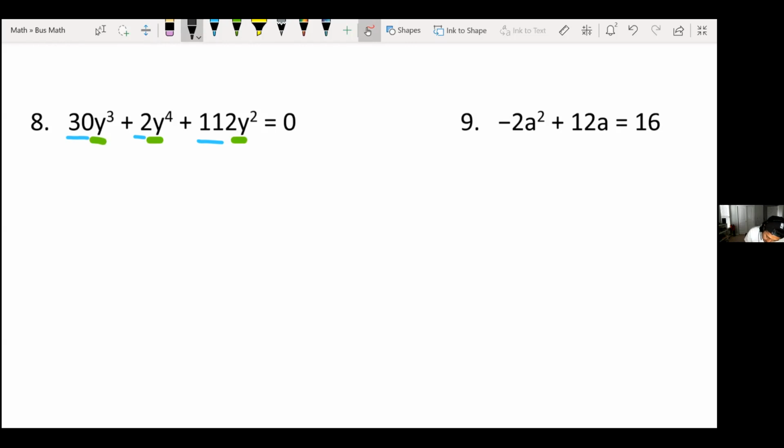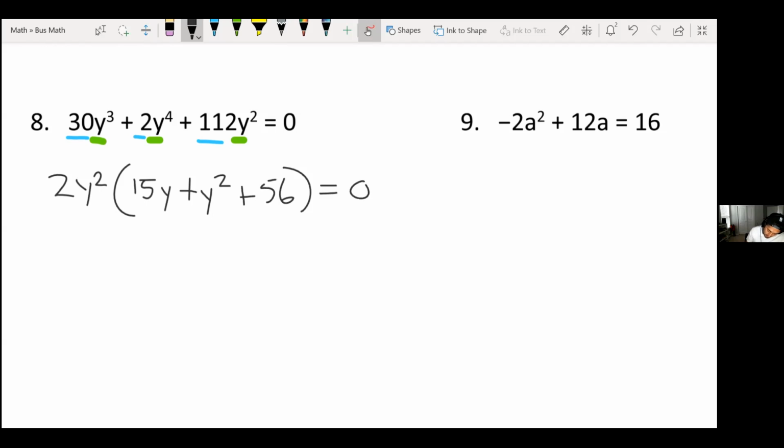So I'm factoring the 2 out, and I'm taking a y squared out. I'll take that from each term, and then I'll rearrange. Either way, we have to do it. So 2y squared from 30y cubed is 15y. 2y squared from 2y to the 4th is a positive y squared. 2y squared from 112y squared is 56.